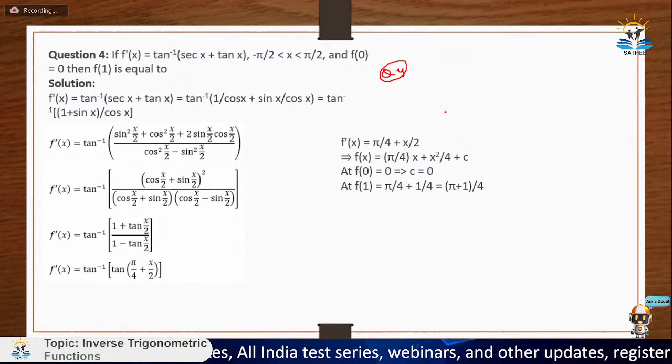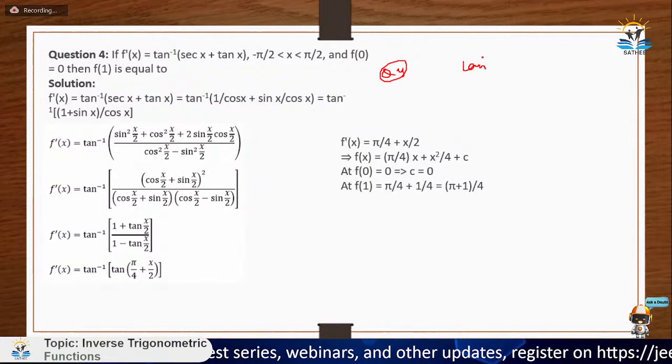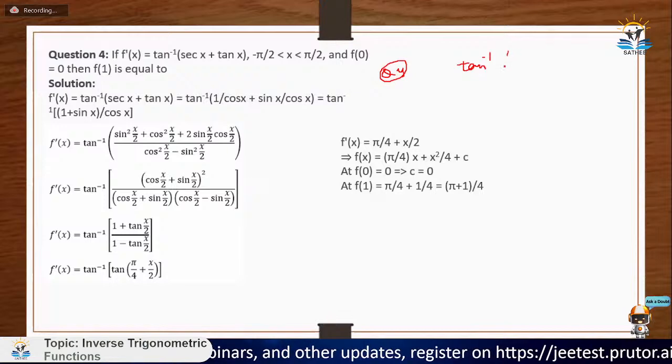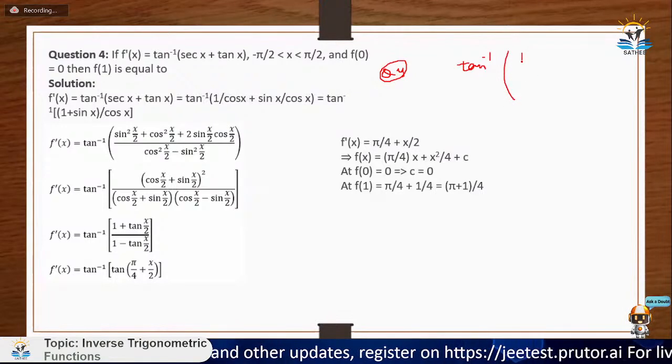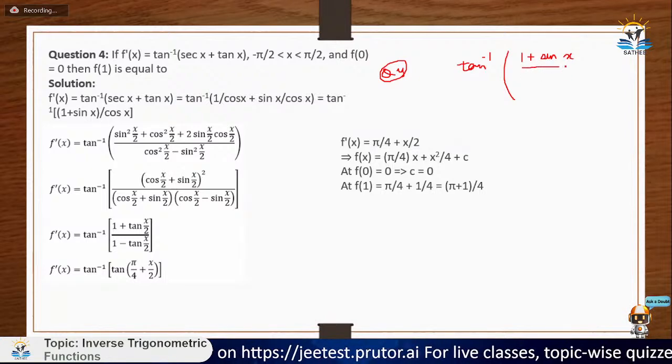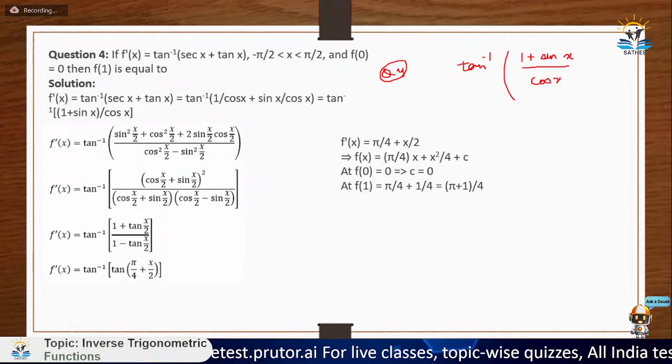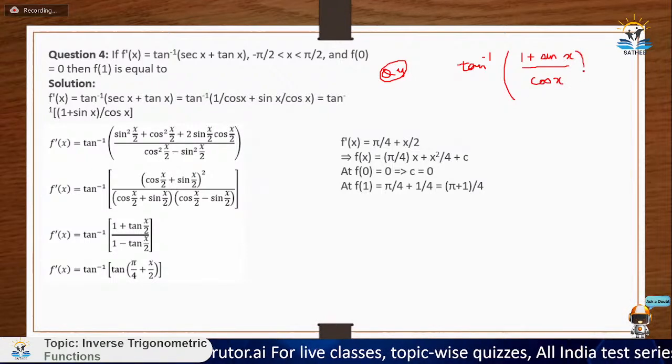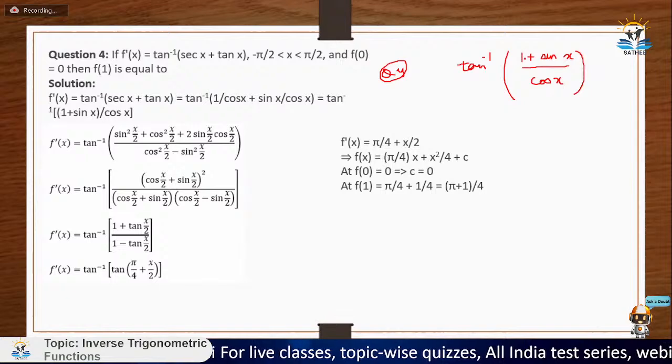So basically, what we are getting is tan inverse of 1 plus sin x upon cos x. Now changing 1 to sin square x by 2 plus cos square x by 2, it is written here.